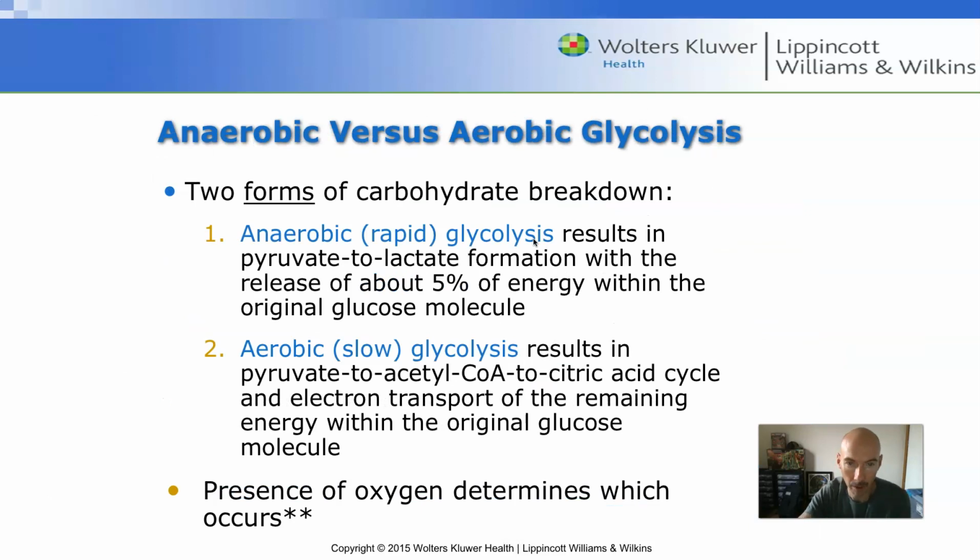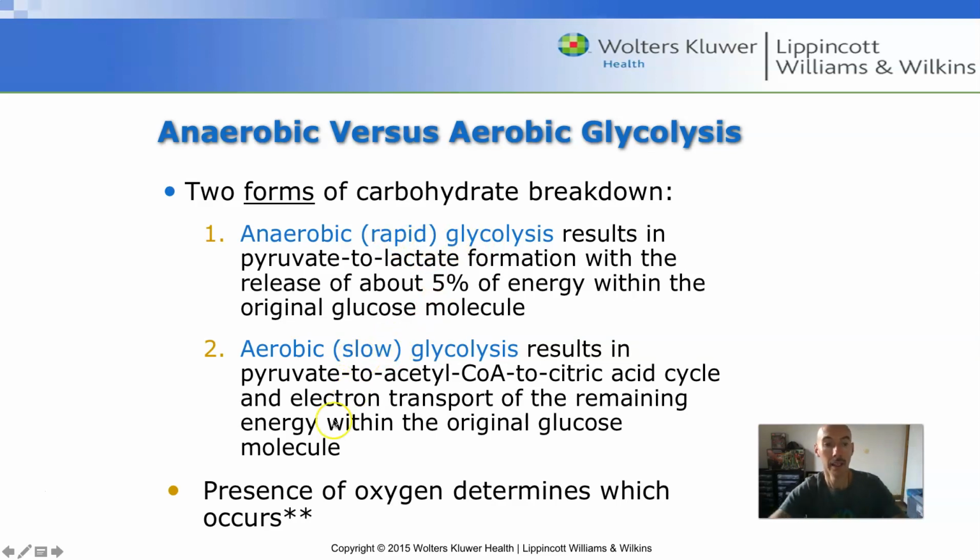Okay, so glycolysis can occur, as I mentioned, both aerobically and anaerobically, which means glycolysis can occur in the presence of oxygen, which would be aerobically, or in the absence of oxygen, which would be anaerobically. Okay, we tend to call this fast glycolysis or rapid glycolysis, but we call this slow glycolysis if it's aerobic.